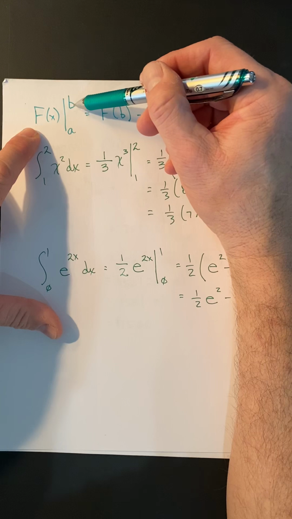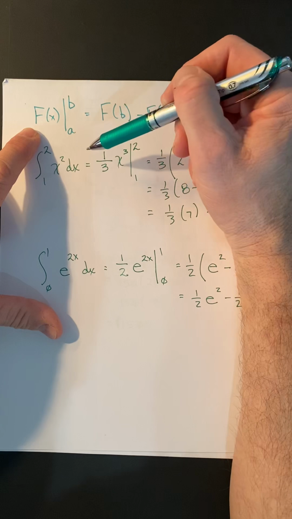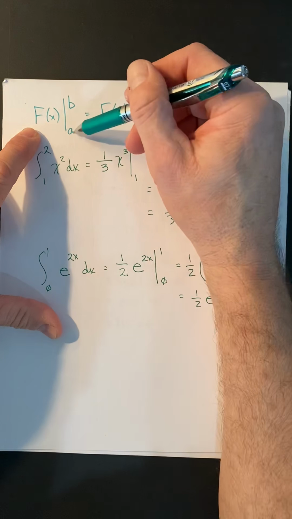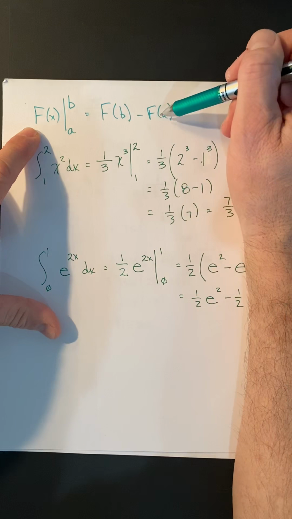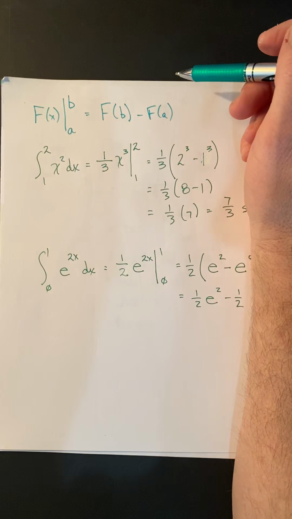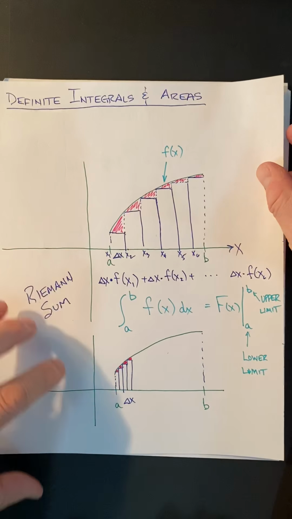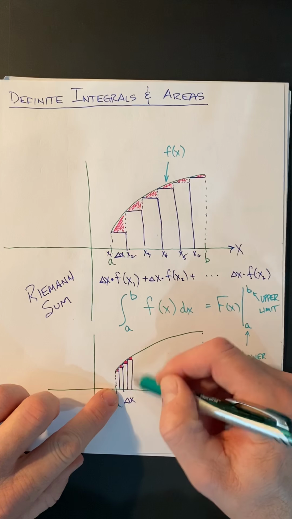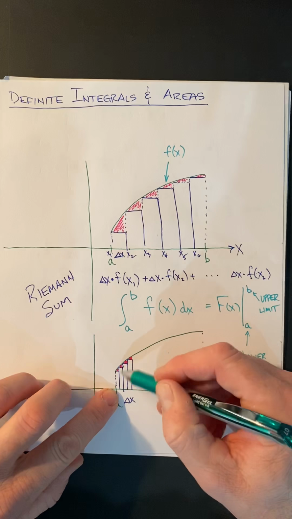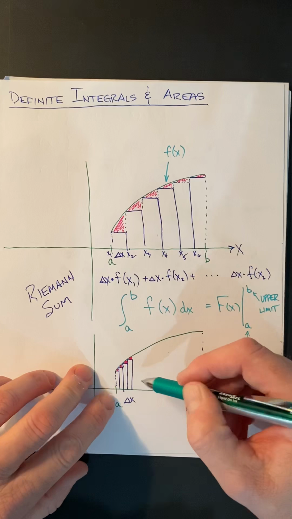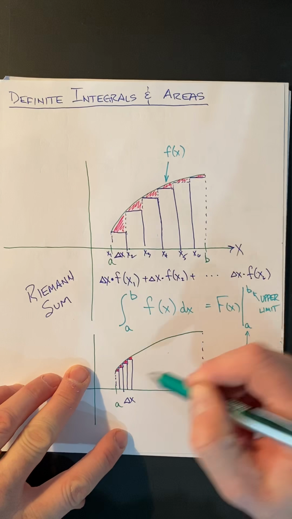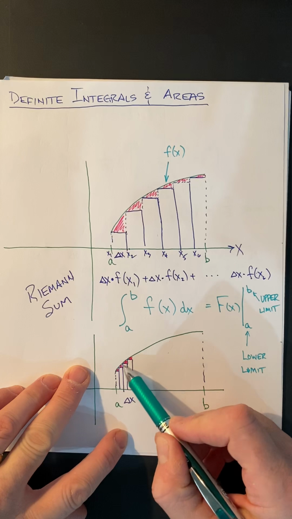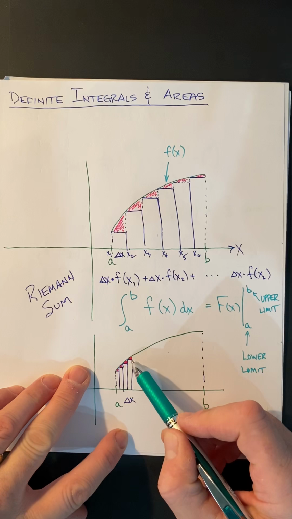So if I input the upper limit into that function and then subtract the lower limit of that function, I will have gone in and essentially created almost an infinite number of these little thin slivers of areas underneath my curve, effectively eliminating these little areas right here.